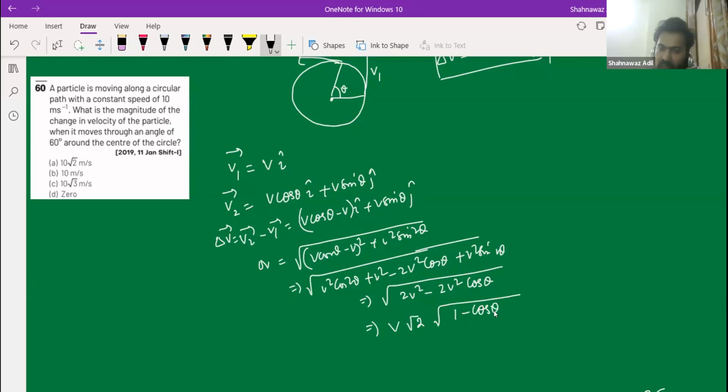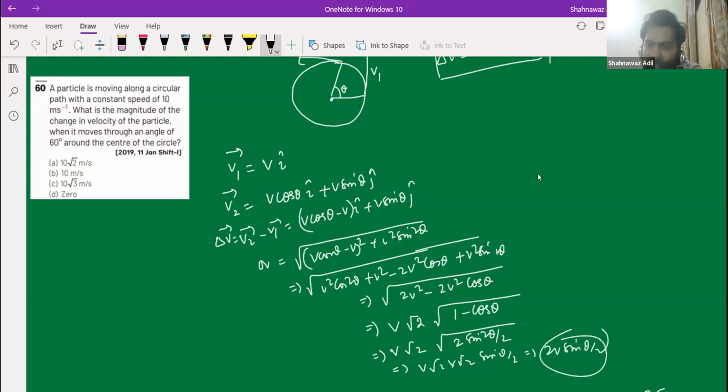So what is 1 minus cos theta? How can we write this 1 minus cos theta? This is 2 sine square theta by 2. So this would be root 2 into root 2 sine theta by 2. So yes, this is 2V sine theta by 2.